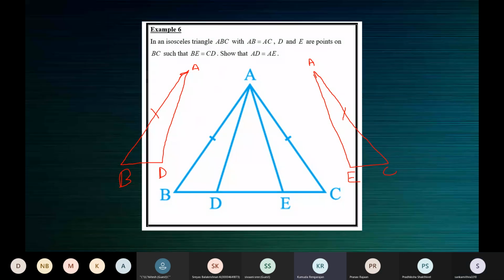So we take up triangle ABD because it has AD in it, and we take up triangle AEC because it has AE in it. So we need to prove that AD is equal to AE. AB is equal to AC, it's given to us.